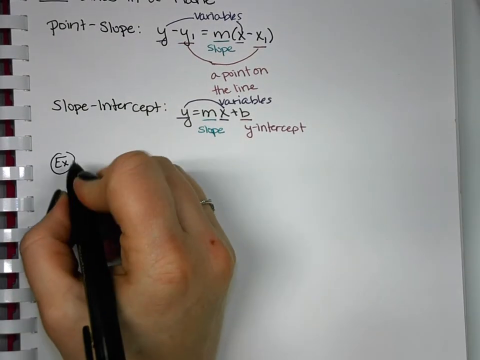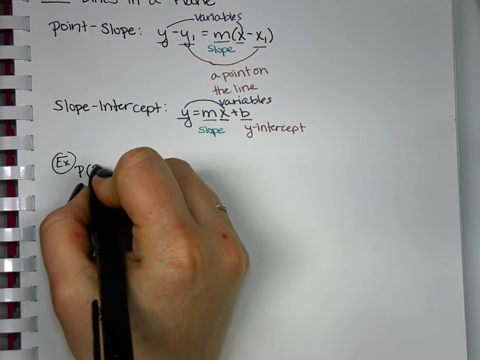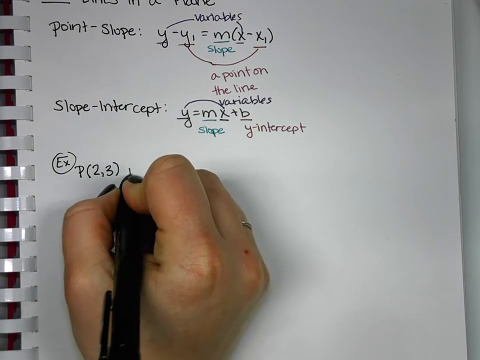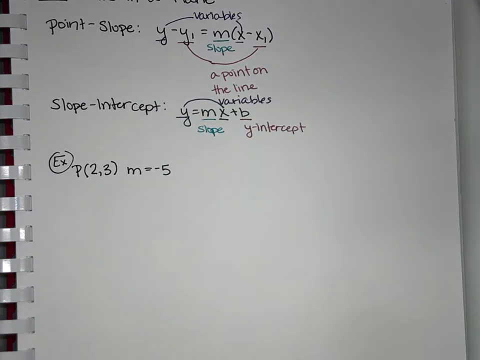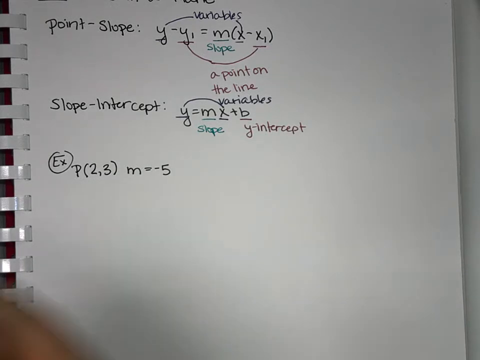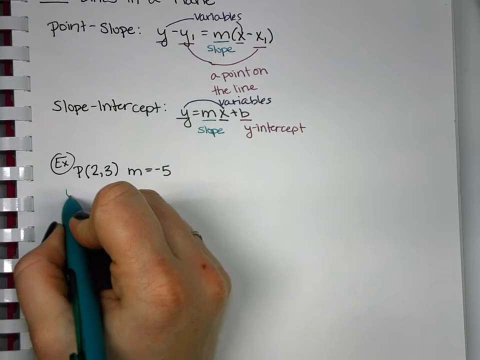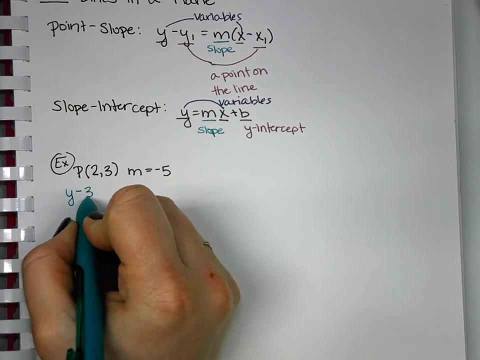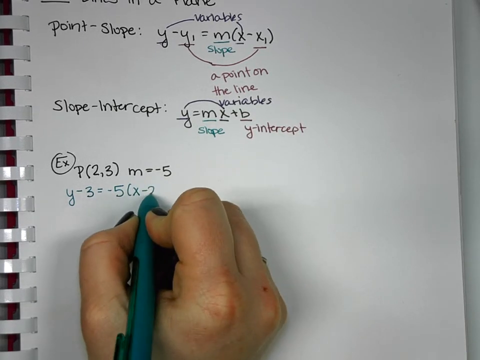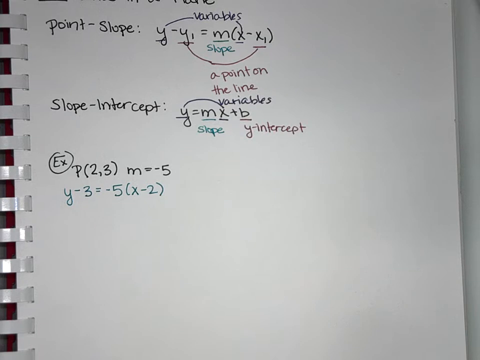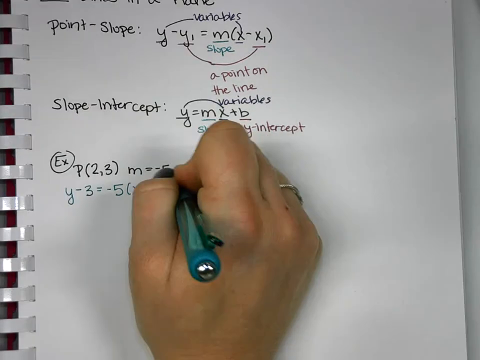We're writing the equation, and we're given the point (2, 3) and the slope -5. Because on this one we were given a point and a slope, I'm going to write it in point slope form, because that was the information that was given to me. So we have y minus y1 equals our slope times x minus x1. There's no simplifying needed, you're done. So this would be our point slope form.